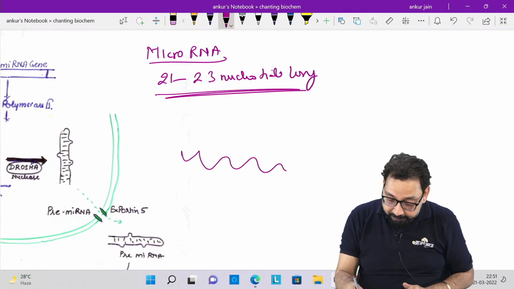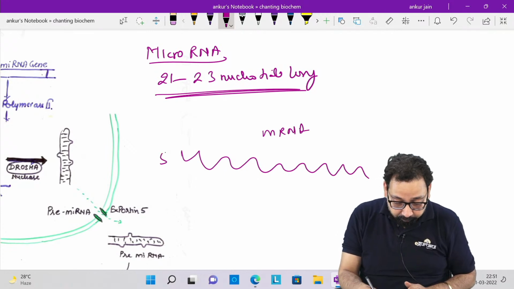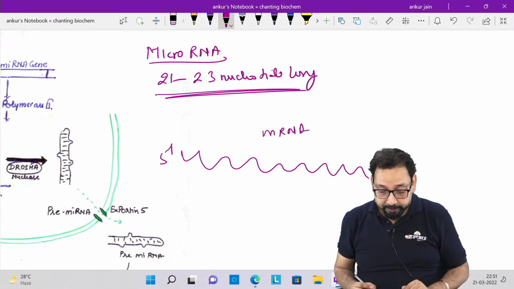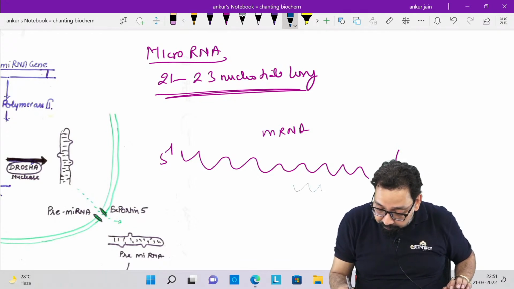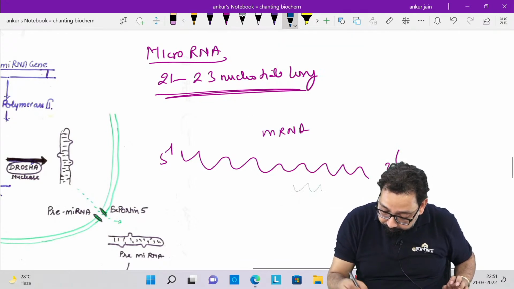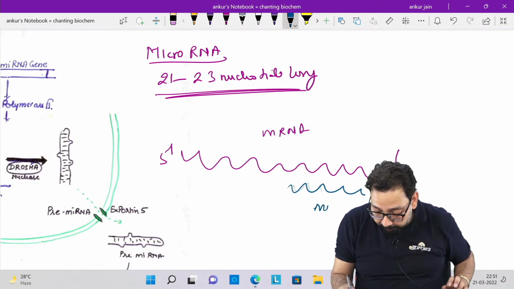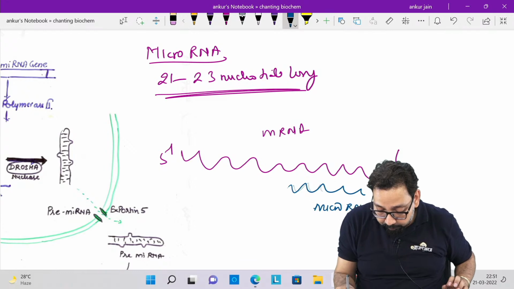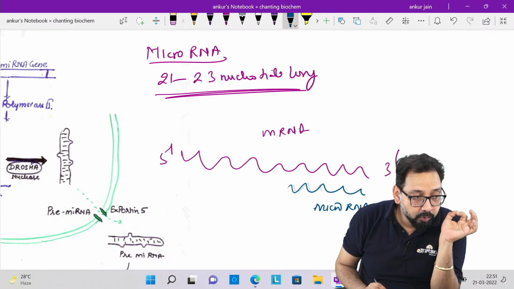Suppose this is messenger RNA, 5 prime and this is 3 prime end. microRNA binds to which end? This is suppose microRNA. Yes, I usually say M looks like 3.